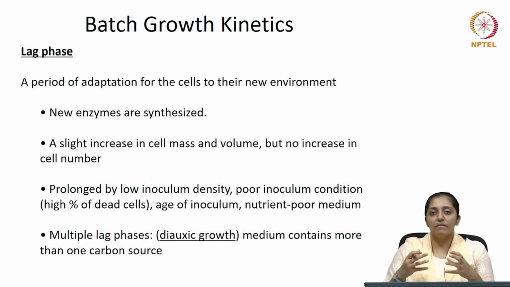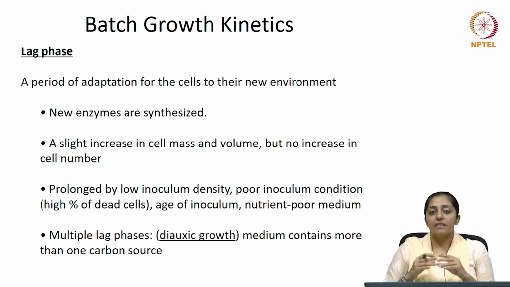That is the reason why the inoculum must have the majority of the cells in their active growth phase, which means the phase at which they are rapidly dividing, or it should have fewer dead cells. They should be at a phase where they are rapidly multiplying.